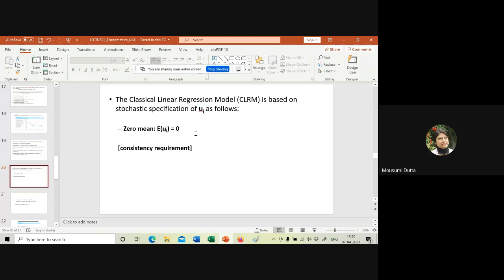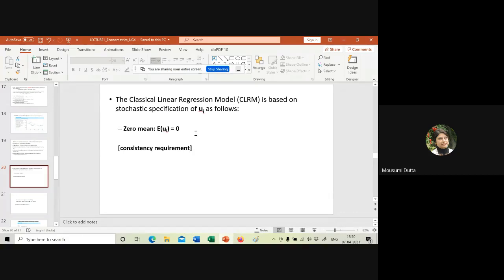Okay. And the first assumption is expectation of UI is equal to 0. And this is a consistency requirement. And I hope you understood why it is a consistency requirement. For your better understanding, you have the references with you, Stock and Watson. You can start with Stock and Watson.